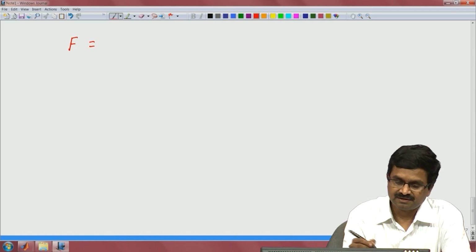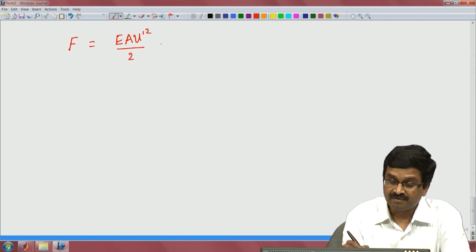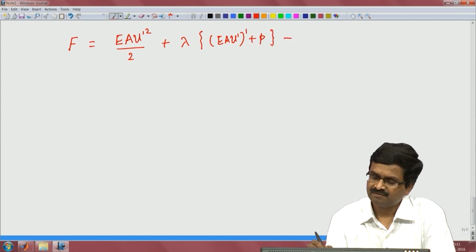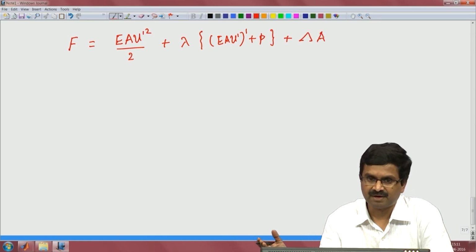In the Lagrangian, we had started with the strain energy, that was E A u prime square by 2, and then governing equation had these terms, which is lambda times E A u prime prime plus p, and then we had in the constraint lambda a dx. I am leaving out lambda minus v star, right. This is the integrand that we had.